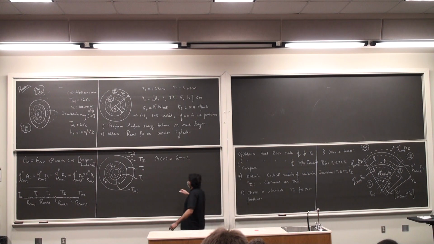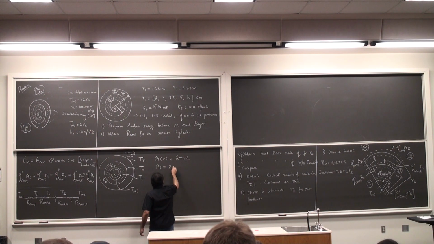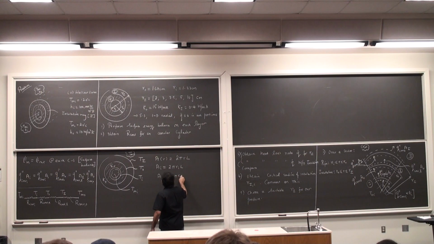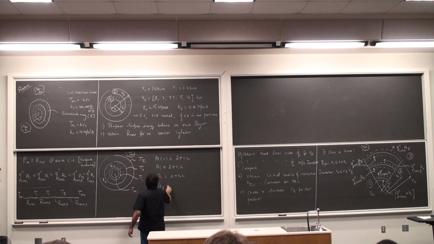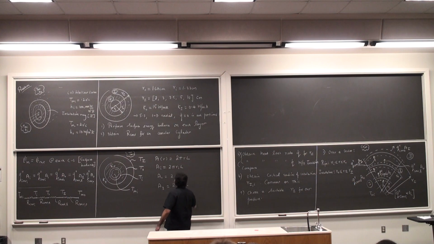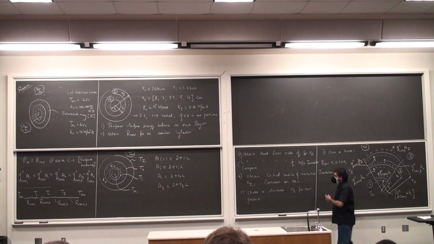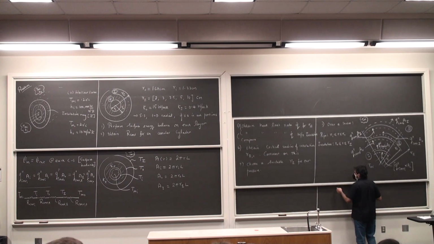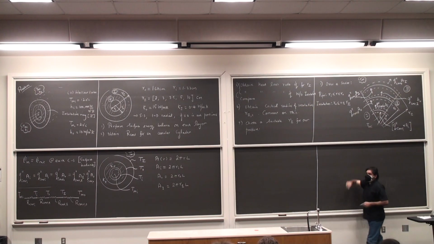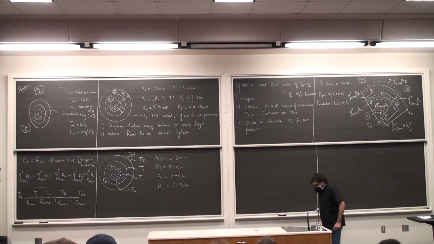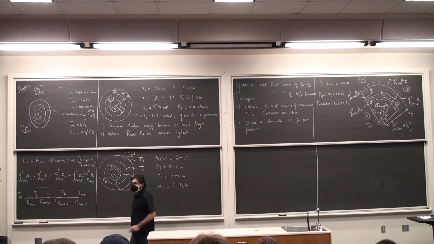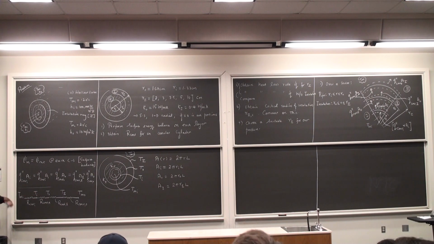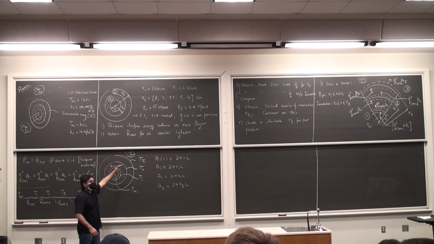So for each of these, I'm going to write A_i is 2 pi r_i times L, A naught is 2 pi r naught times L, capital A_I is 2 pi capital R_I times L. So far so good? Everybody clear on the figures that have been drawn, the equalities that have been written out, the resistance network that has been drawn, and the temperatures I have specified?